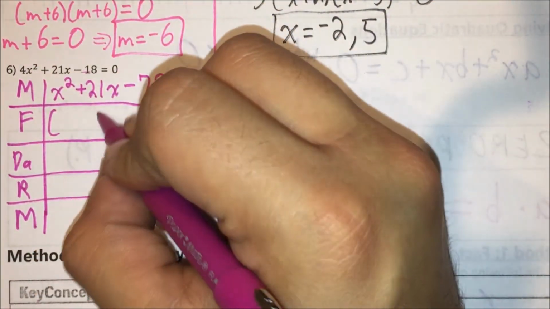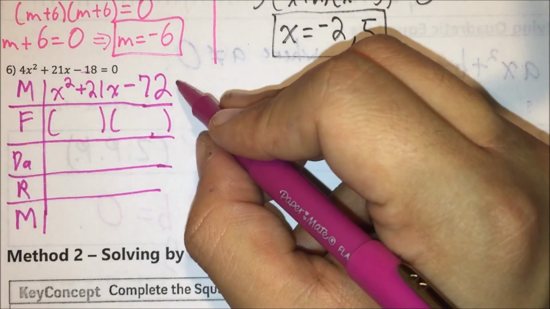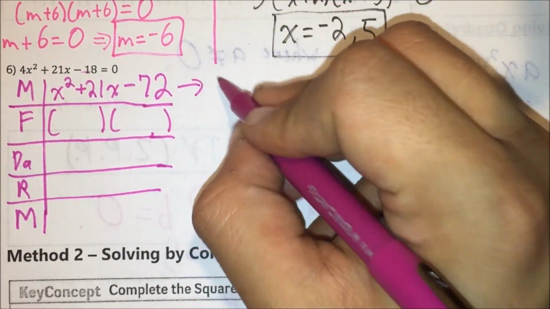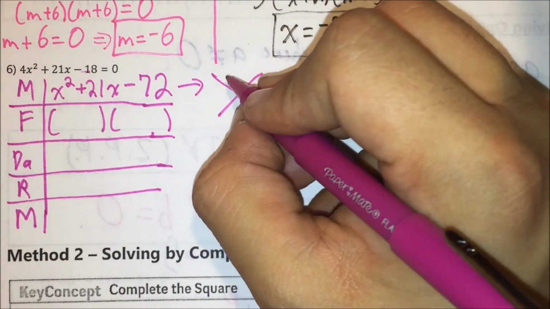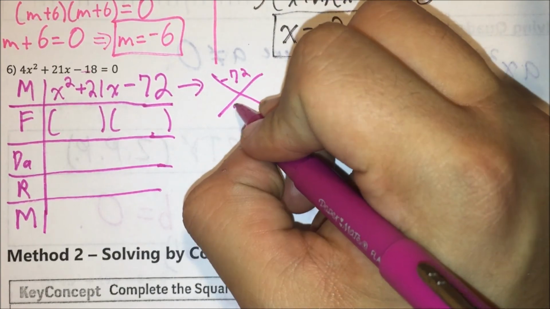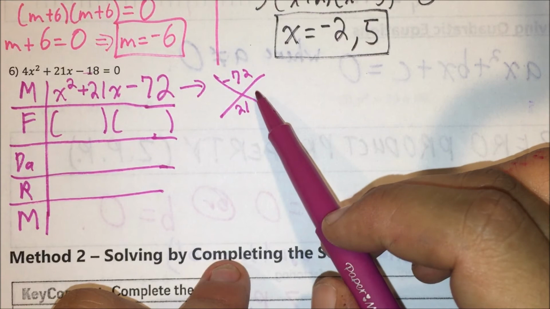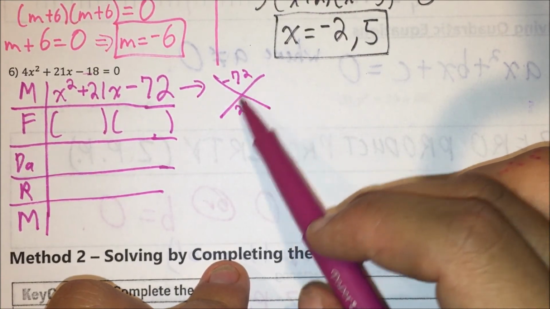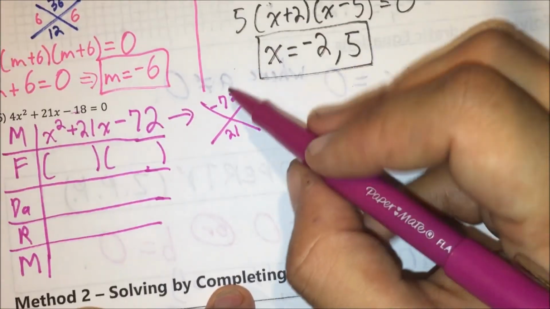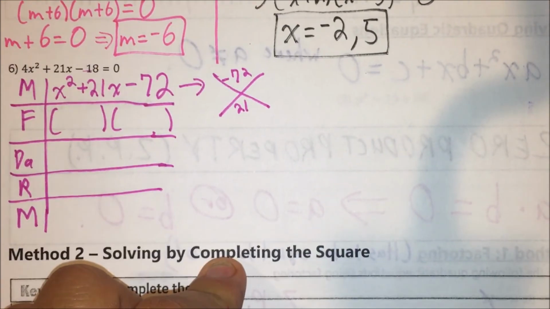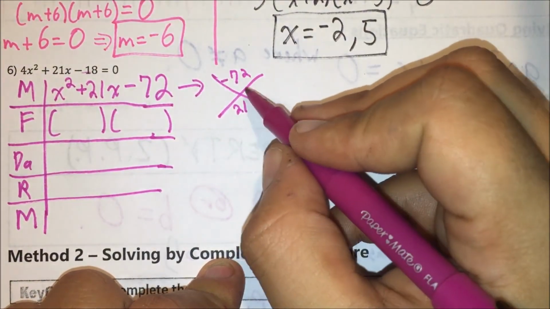F, factor, so we're going to break it down into 2 factors. 72, that's actually going to break down into negative 72 and 21. So that's a tricky one, right? What two numbers can multiply to give us 72 and 21? Well, if I add 7 and 2, that's 9. So I know that this is divisible by 3.